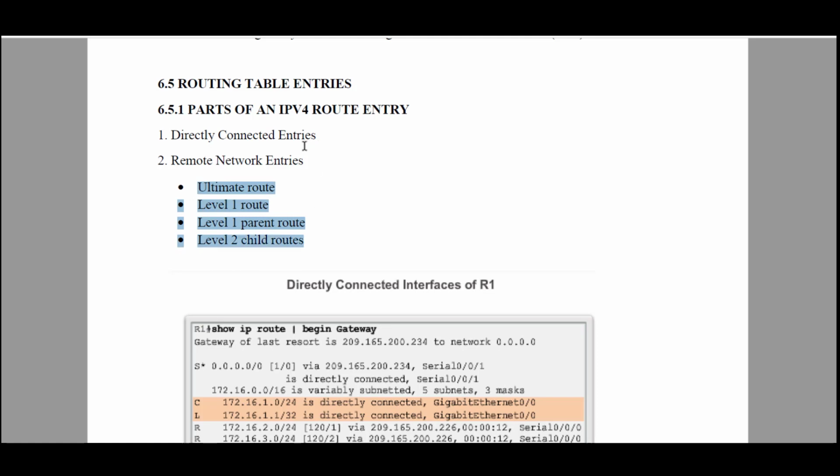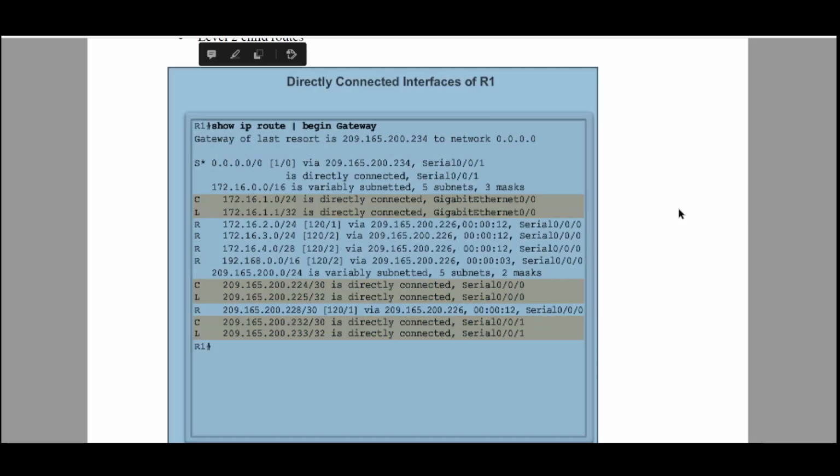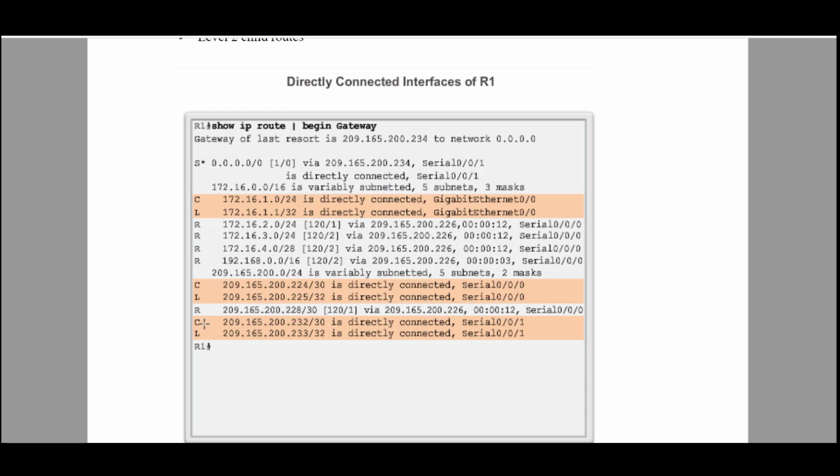One is the directly connected entry. What is directly connected? You can see this is an example routing table. Here you can see C. C means it is directly connected. If you find the letter C, this is directly connected.